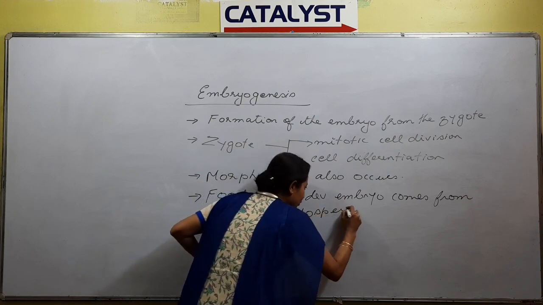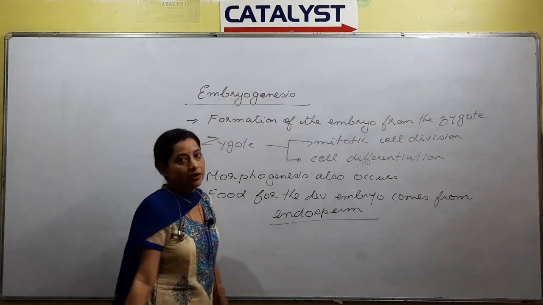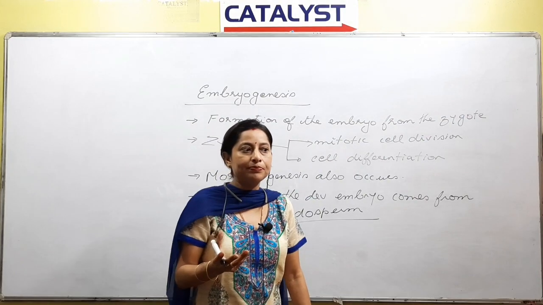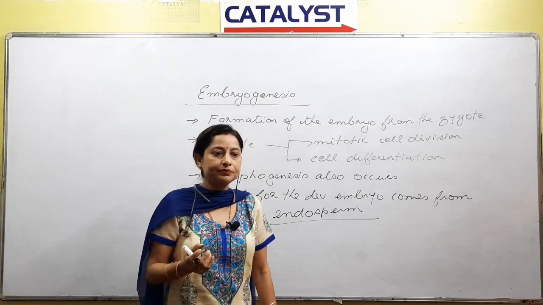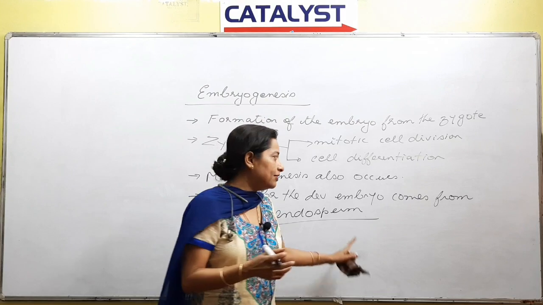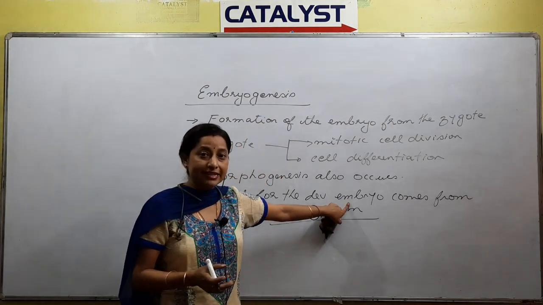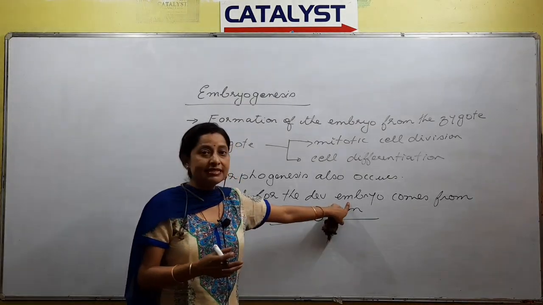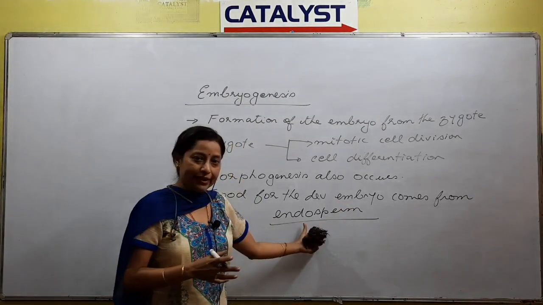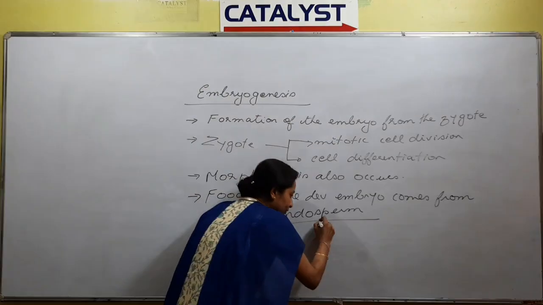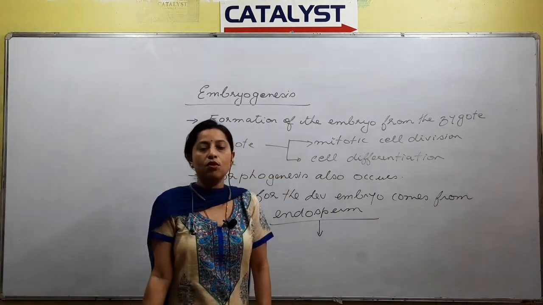We have a word called endosperm. I'm just talking about plants. Since we are talking about embryo development in plants, this embryo will get its food from the endosperm. Now what is endosperm?